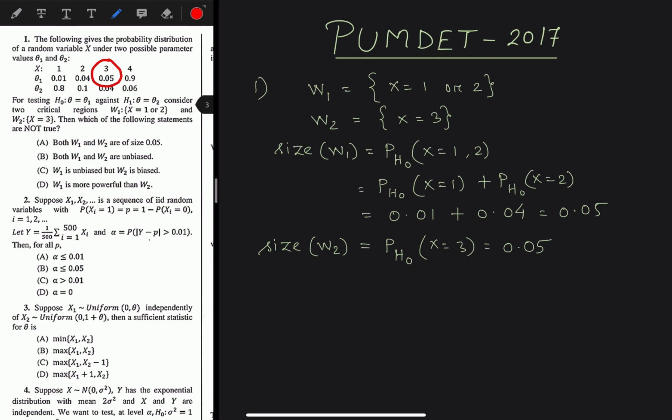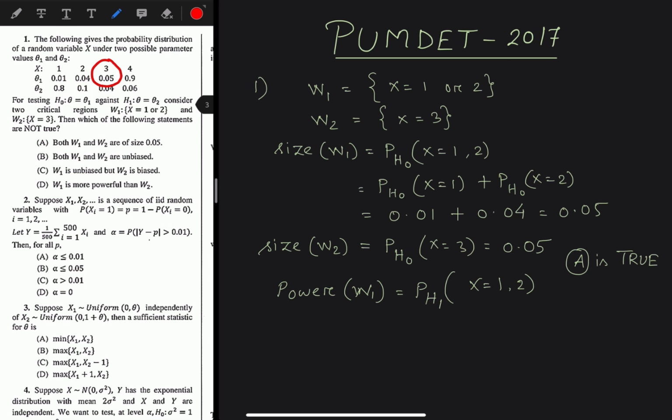Next, for option B, we have to check the power of the tests. So the power of W1 is equal to the probability of x equal to 1 and 2 under H1.